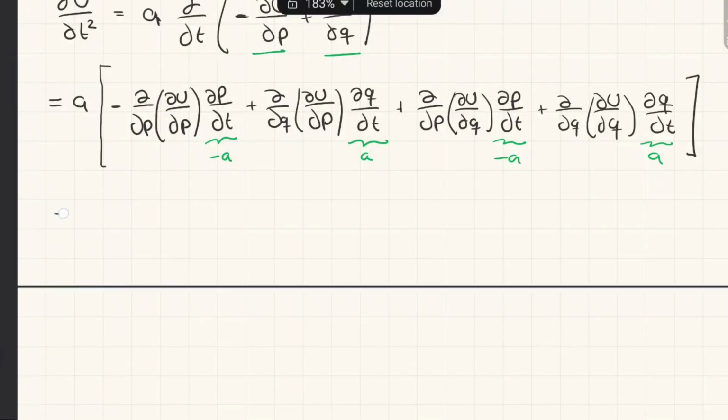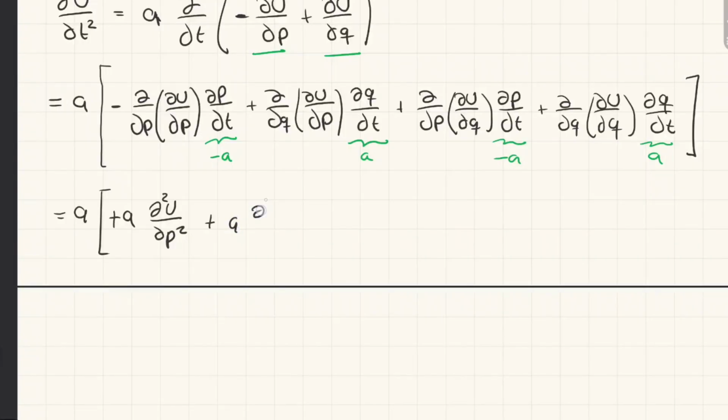So what is this going to be? We have an a here, minus times minus is plus, so we have plus a, the second derivative of u with respect to p, and then plus a, the second derivative of u with respect to q with respect to p, minus a, the second derivative of u with respect to p with respect to q, and then plus a, the second derivative of u with respect to q.